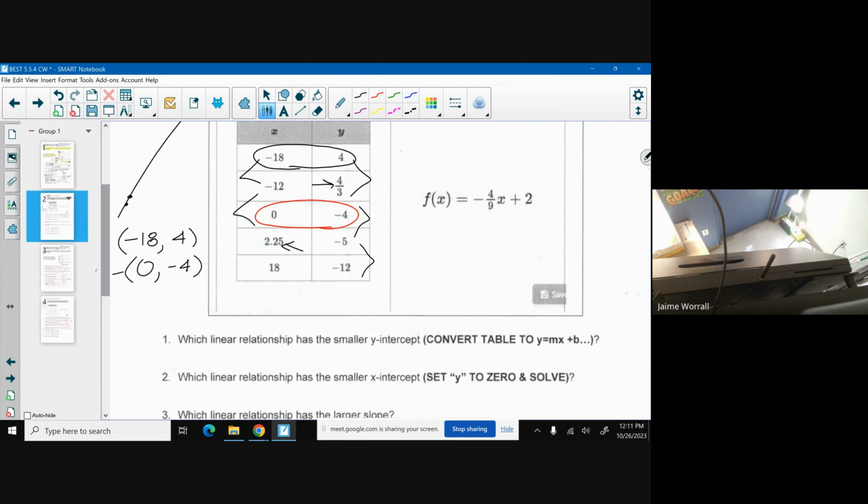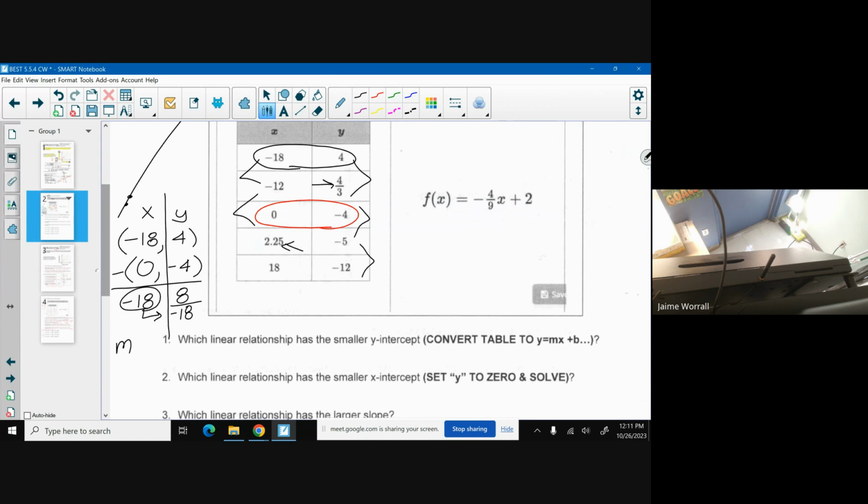Go ahead and do your simple subtraction. Here's your change in x, your change in y. Negative 18 take away 0 is still negative 18. And then 4 minus negative 4 is now an 8. You want x underneath your y, so 8 over negative 18. So you've got the slope number.